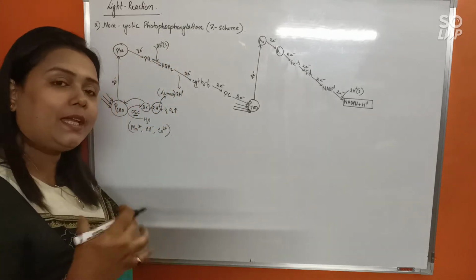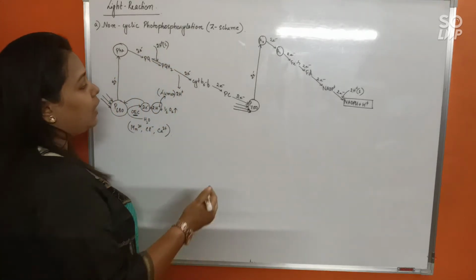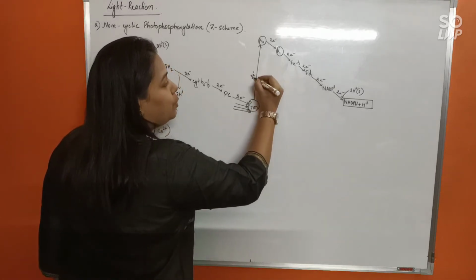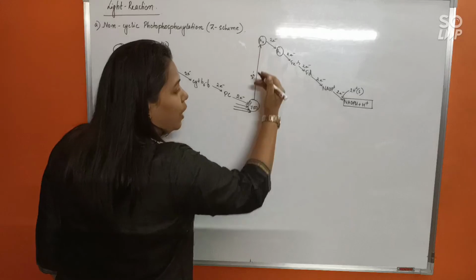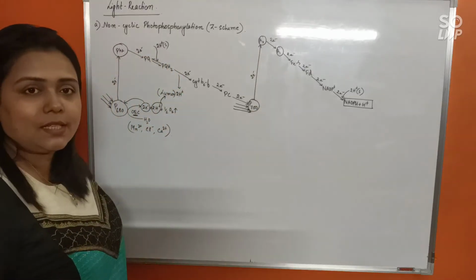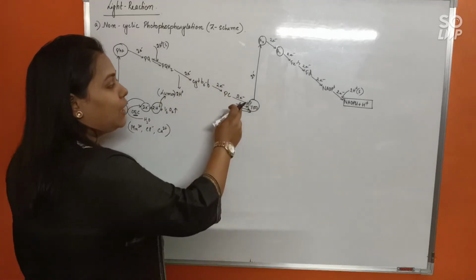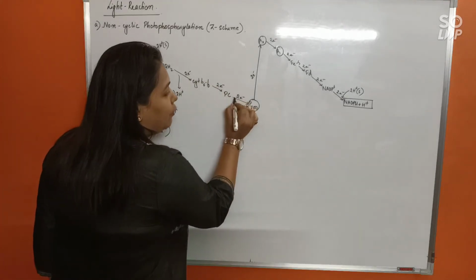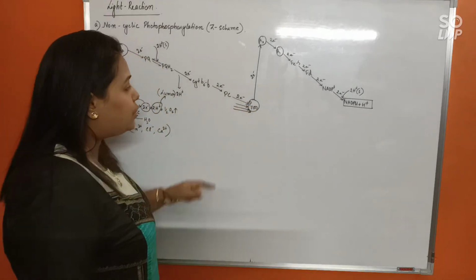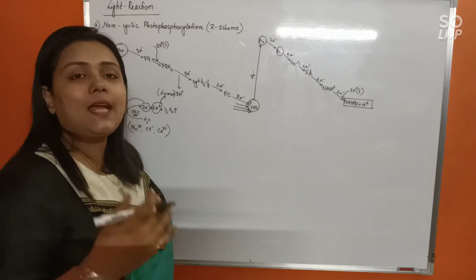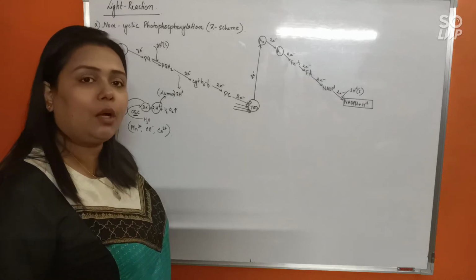Now, PS1 and PS2 get excited at the same time, isn't it? So by the time PS1 is excited and releases 2 electrons, it also has to get back to the ground state. The 2 electrons it requires come from plastocyanin, which brings it back to the ground state.